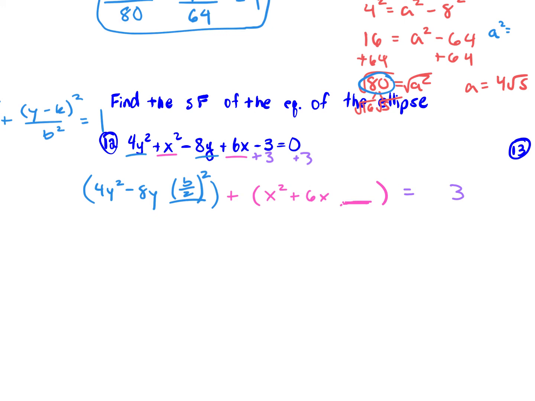We want our y to be like 1y. We don't want a coefficient in front of our y. So here, since we have 4y, we want to divide the 4 out from everything. So I'm going to divide this by 4, this by 4. We'll worry about that in the next step. So take out a 4 first. So we have y squared minus 2y.